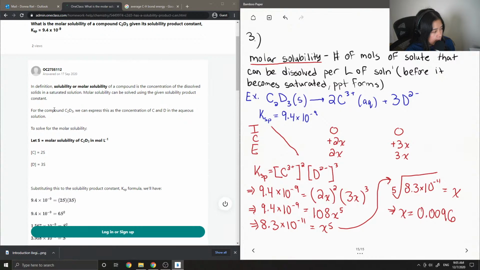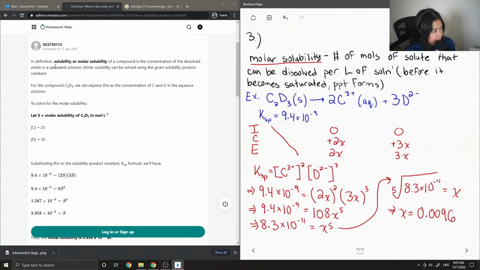Okay, so the junior tutor said, in definition, solubility or molar solubility of a compound is the concentration of the dissolved solids in a saturated solution. Molar solubility can be solved using the given solubility product constant. For the compound C2D3, we can express this as a concentration of C and D in the aqueous solution.